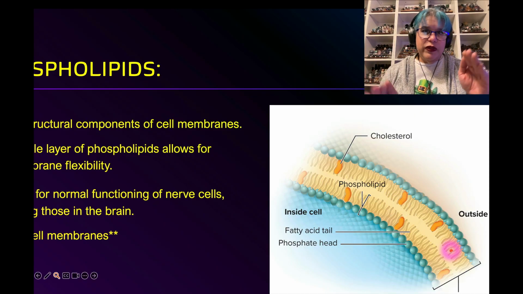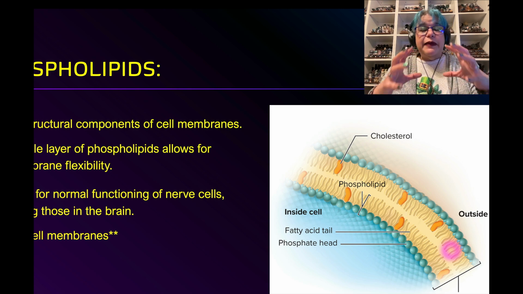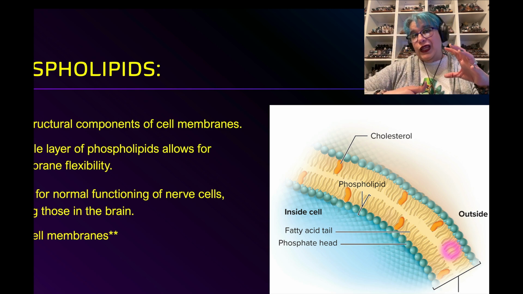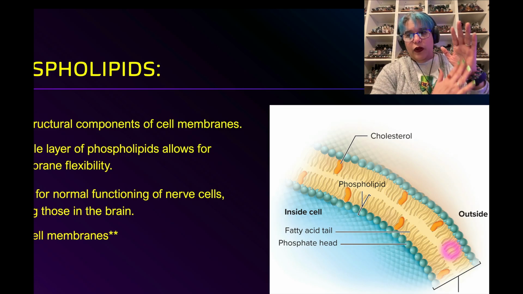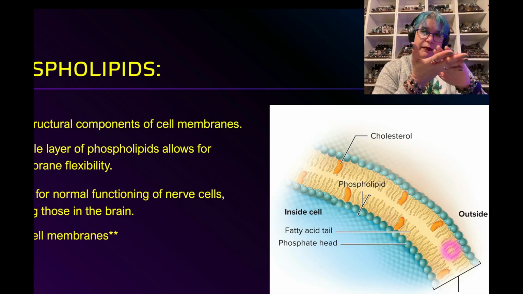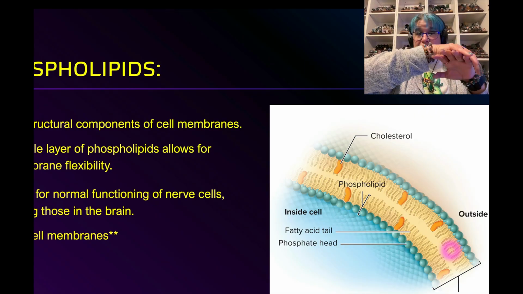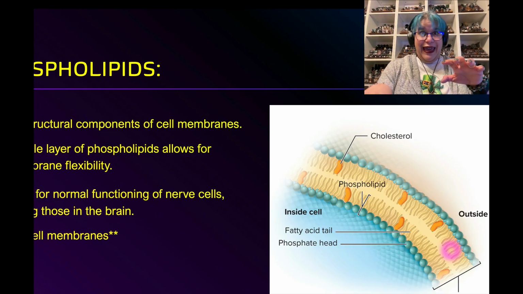So again, go with me on a journey with a basketball. Imagine I can cut a basketball in half. And when you cut the basketball in half, if I touch the inside of the basketball, I'm touching the heads of phospholipids. If I touch the outside of the basketball, I'm touching the heads of these phospholipids.